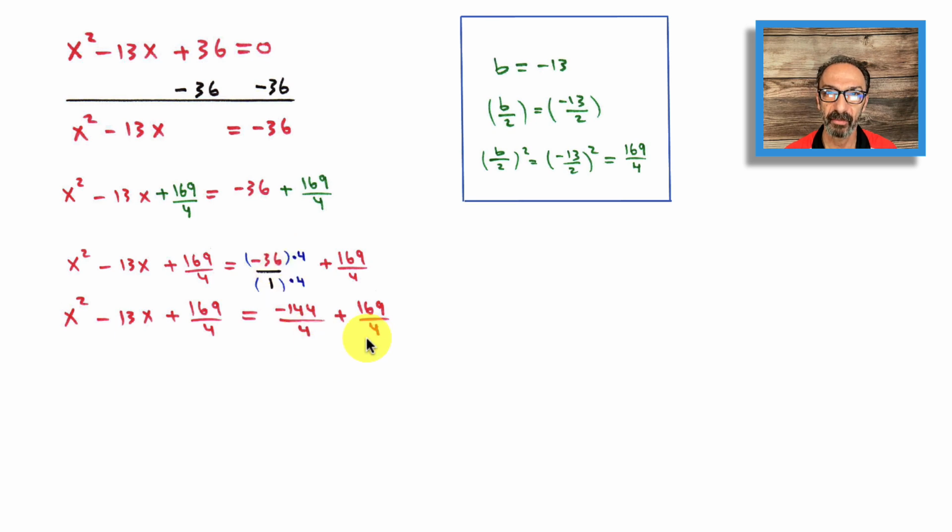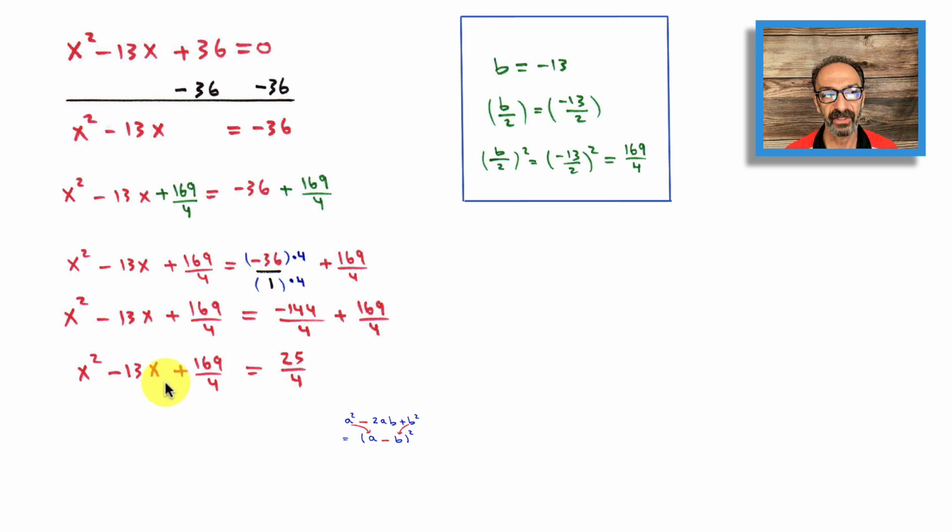Now I do have a common denominator, one fraction with a common denominator 4, and 169 take away 144 is 25. Now this time when we take the square root, that's going to work here because 25 is a perfect square and 4 is a perfect square.